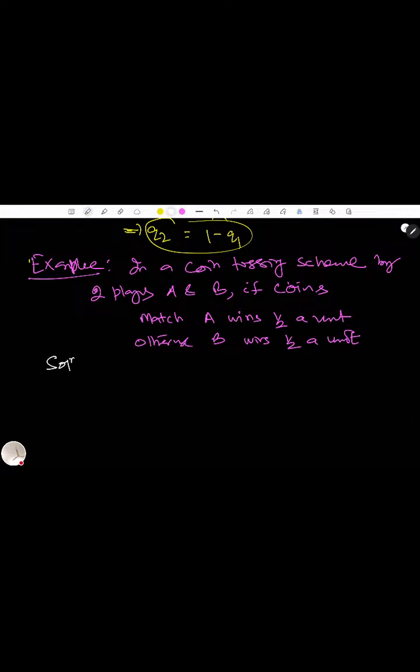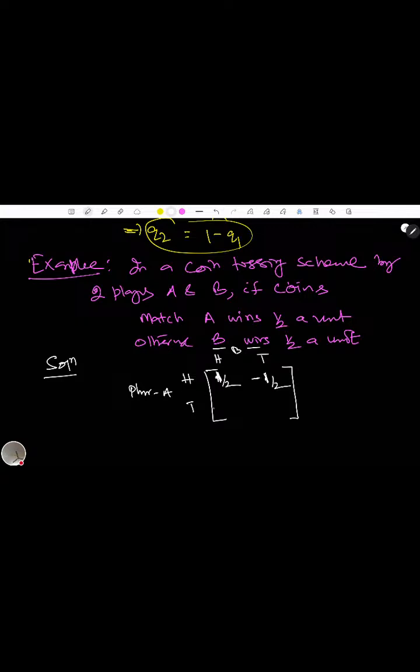Coming to the solution. So now we have the coin tossing scheme here. Head and tail here, the player A, the player B here. Now if it matches, head and head, here it is a match, so A wins half a unit, which means it is half. Here it is head and tail, it doesn't match, so B wins, which means minus half.